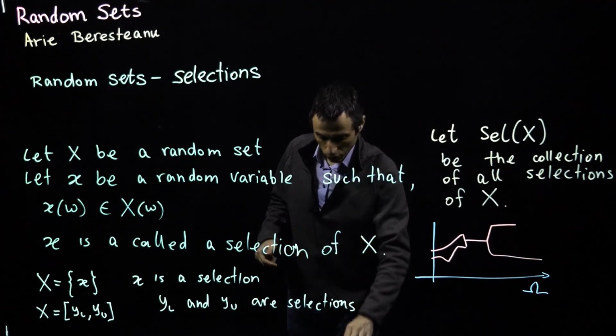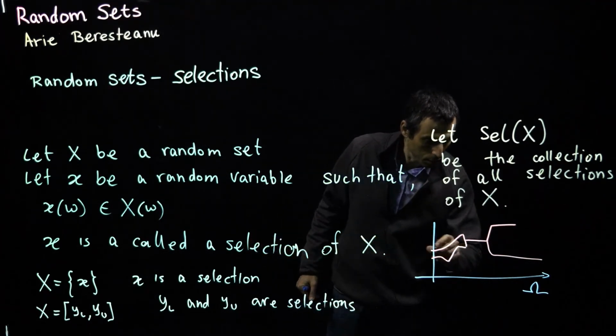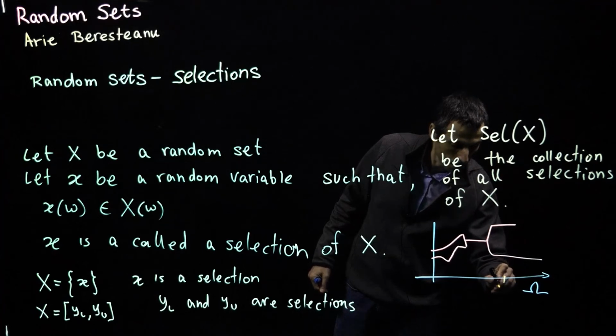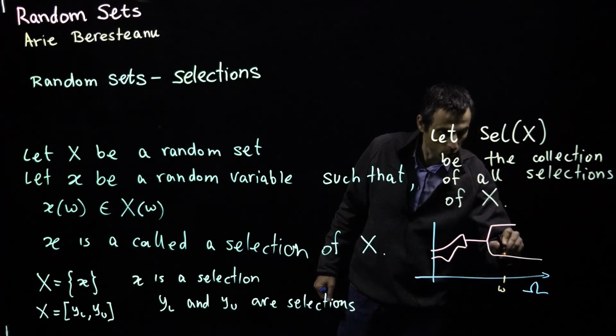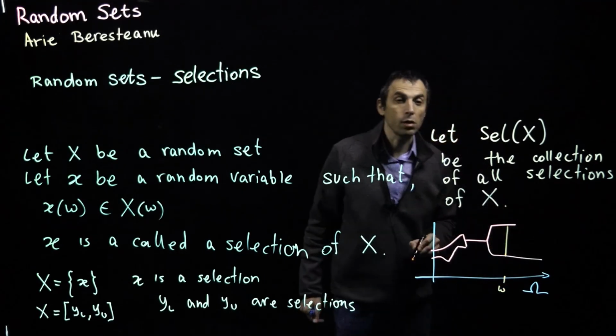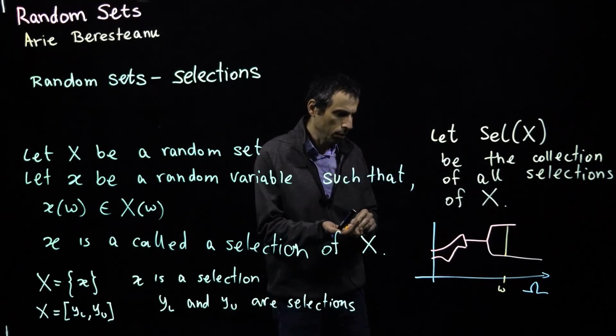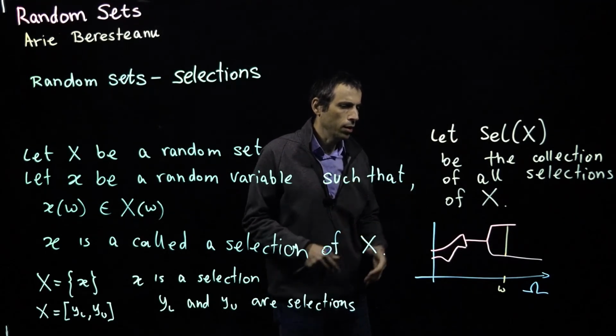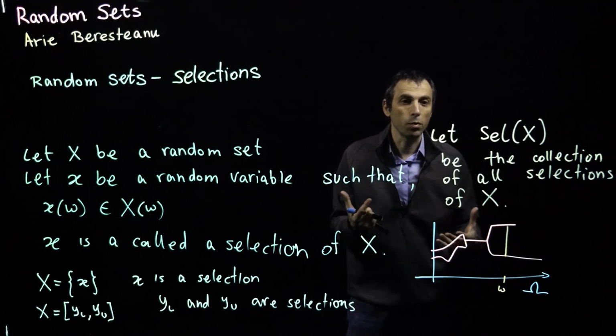So for this specific omega here, the value of the random set will be this set. And here they're all intervals, but it doesn't have to be like that.